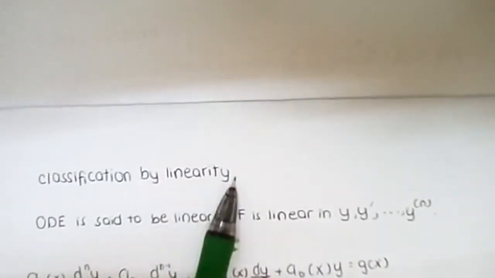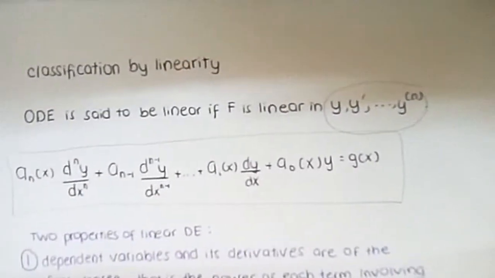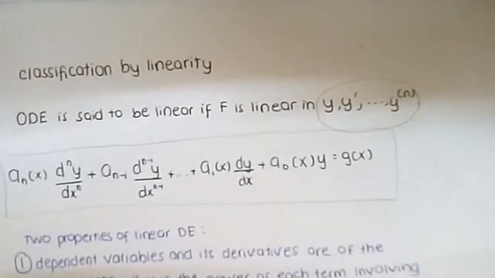The last one is classification by linearity. An ODE is said to be linear if f is linear in this form, or we can generalize it into this form. There are two properties of linear differential equation.